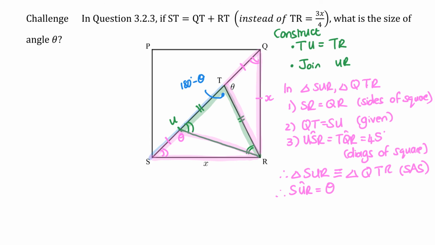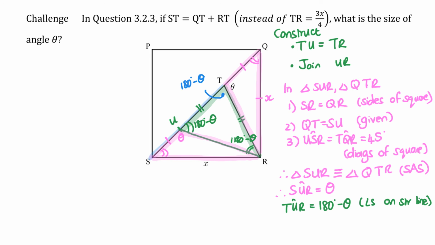But I also have that angle U, so angle TUR, will be 180 degrees minus theta, and my reason will be angles on a straight line.